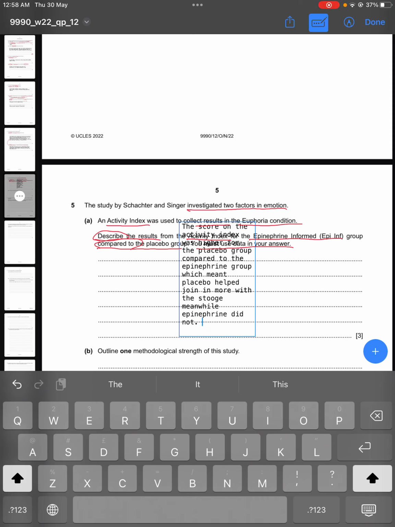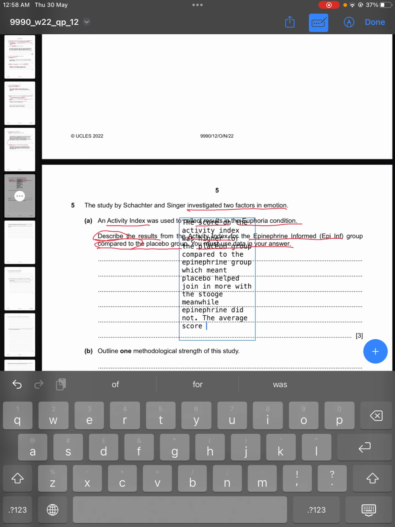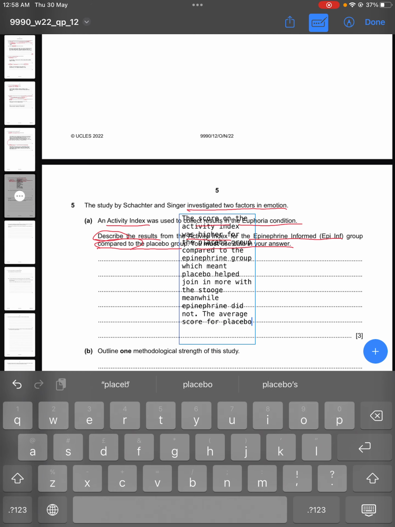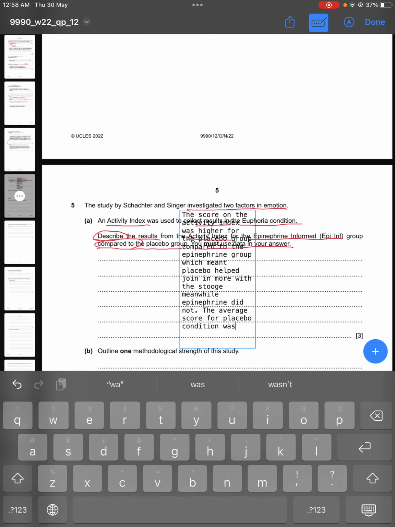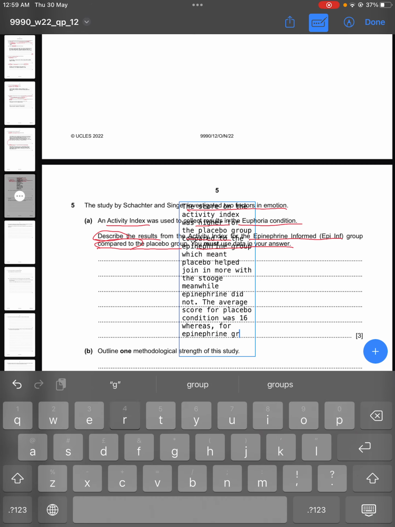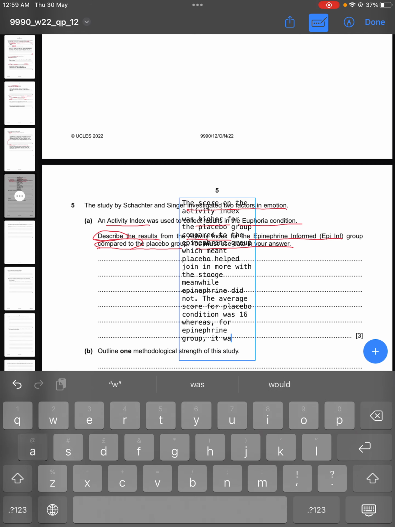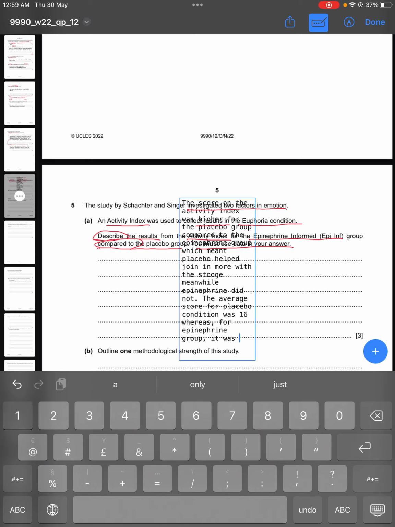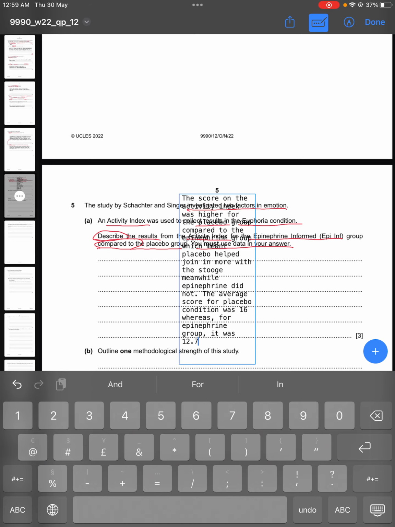And for this you can write the data that the average score for the placebo condition was 16, whereas for the epinephrine group it was 12.72.